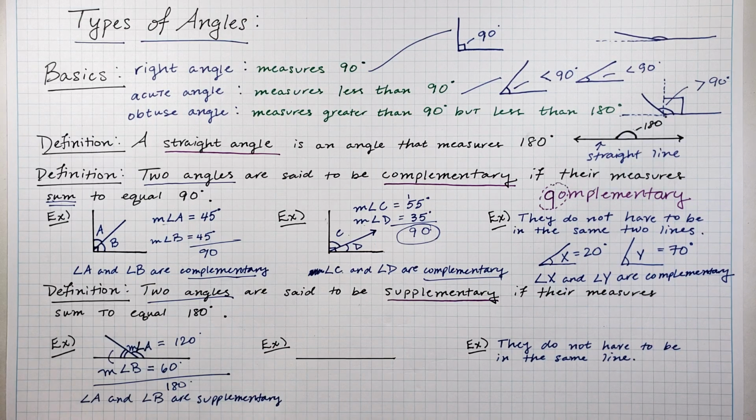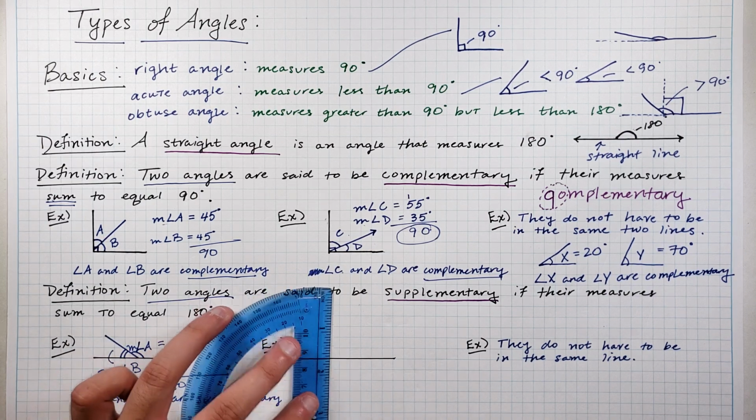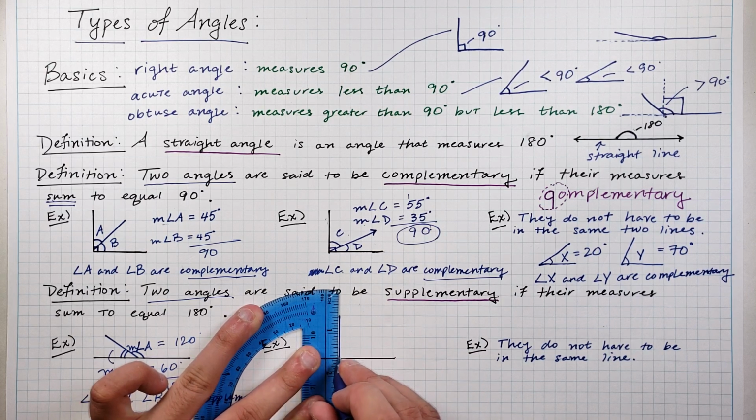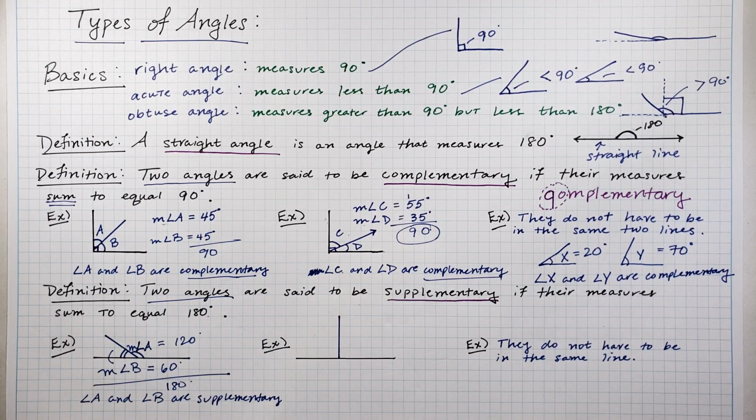All right, so we could do another one right over here. Let's look at this one. Let's say we take this one and we cut it directly in half, exactly in half. Well, what do you notice about this straight line and this straight line? They're going through each other exactly straight.